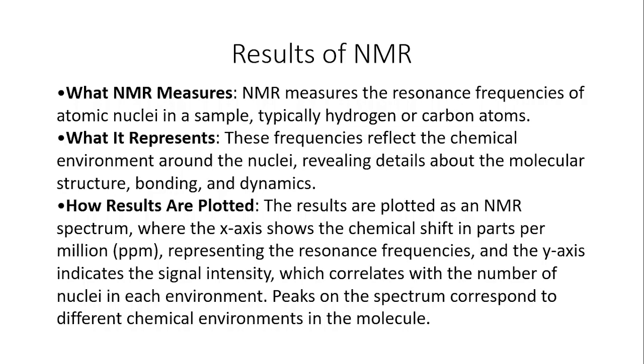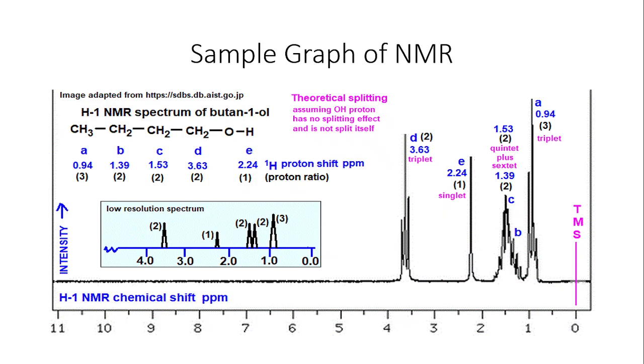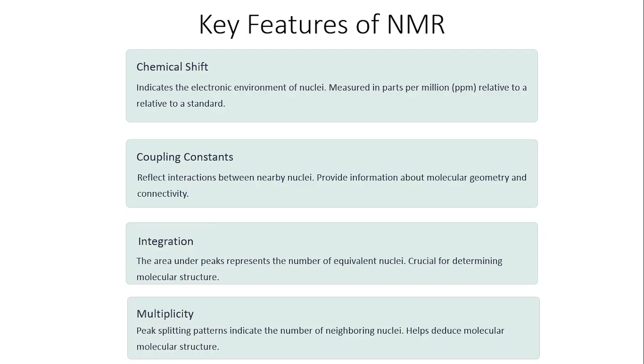Peaks on the spectrum correspond to the different chemical environments in the molecule. This is a sample graph of NMR, the proton NMR spectrum of butanol-1. Here are some key features of NMR: chemical shift, coupling constant, integration, and multiplicity.